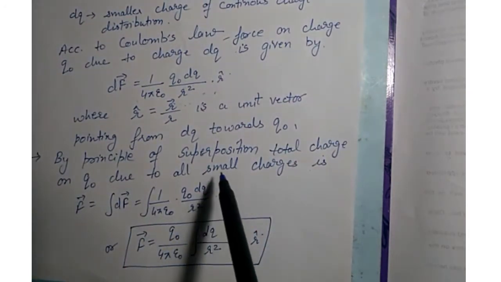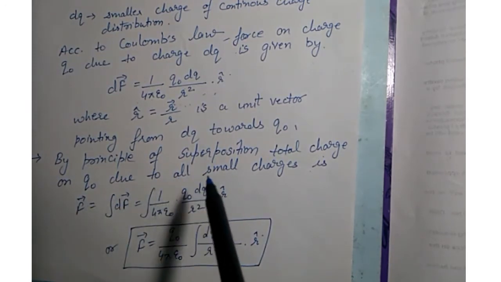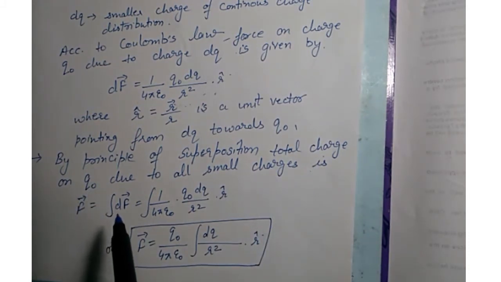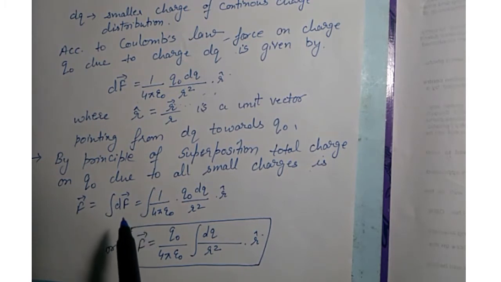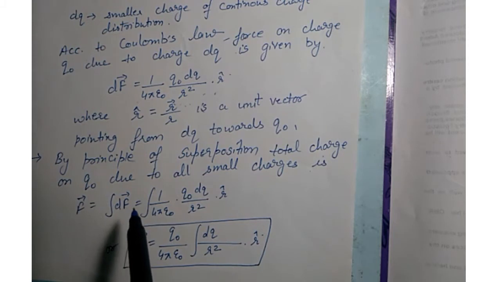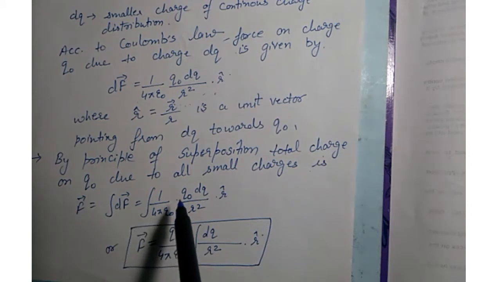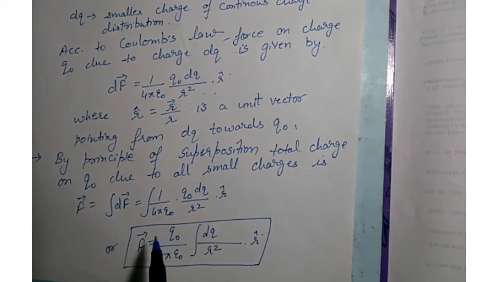This unit vector is pointing from dq to q naught. By the principle of superposition, the total force F vector on q naught due to all the small charges will be the combined effect of all the forces due to all dq charges, equal to the integration of df, which is the integration of 1 upon 4 pi epsilon naught q naught dq upon r square, r unit vector, where q naught and 1 upon 4 pi epsilon naught remain constant.